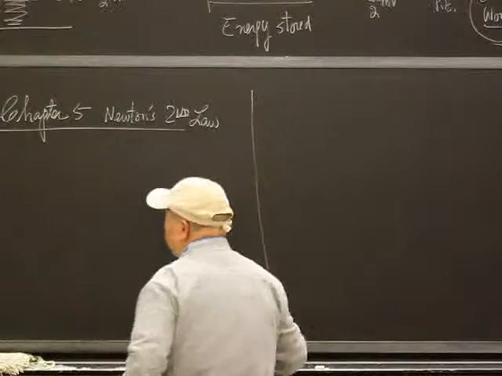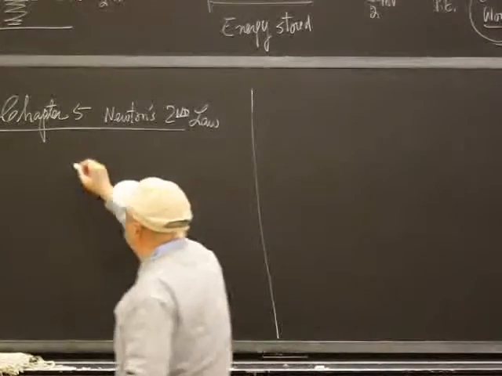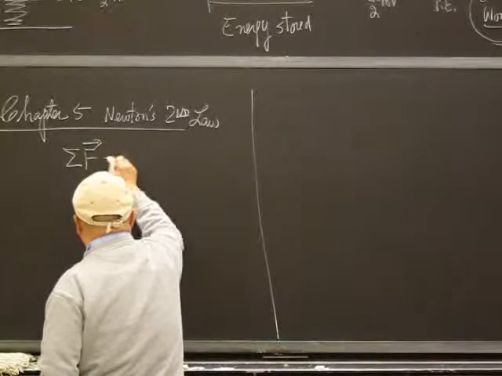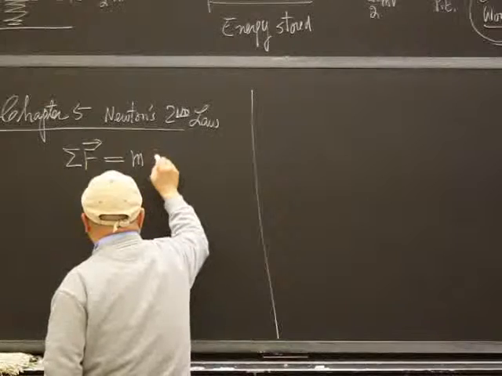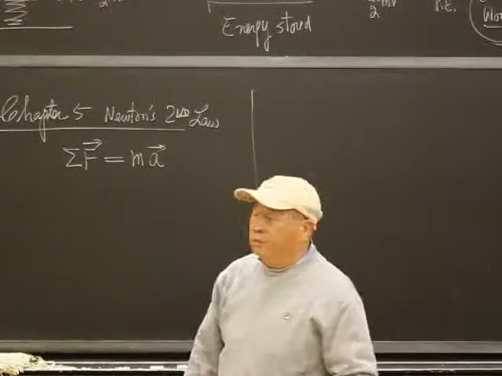The whole chapter is talking about summation of F equals MA. Simple case. How simple?